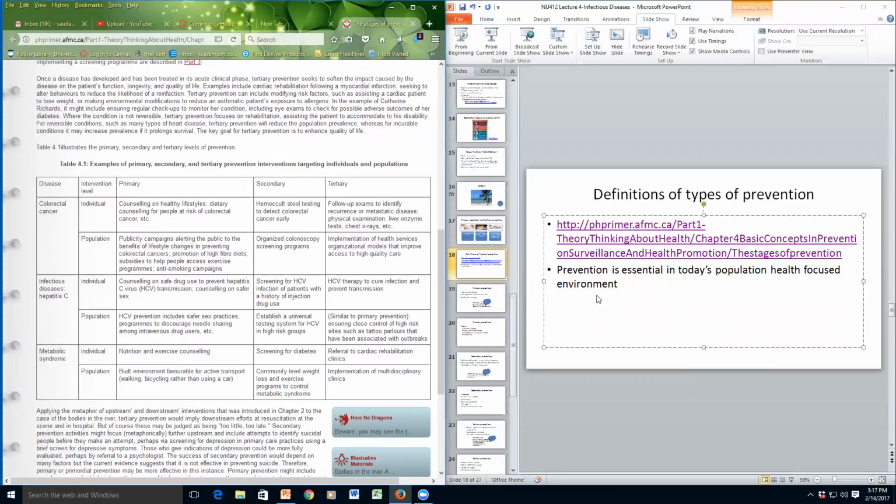I highly encourage you to look at that table and that article so that you're more familiar with the definitions of prevention and health promotion related to infection spread. It is an essential feature of our job today as a nurse, as we look more and more towards public health and population-focused care.